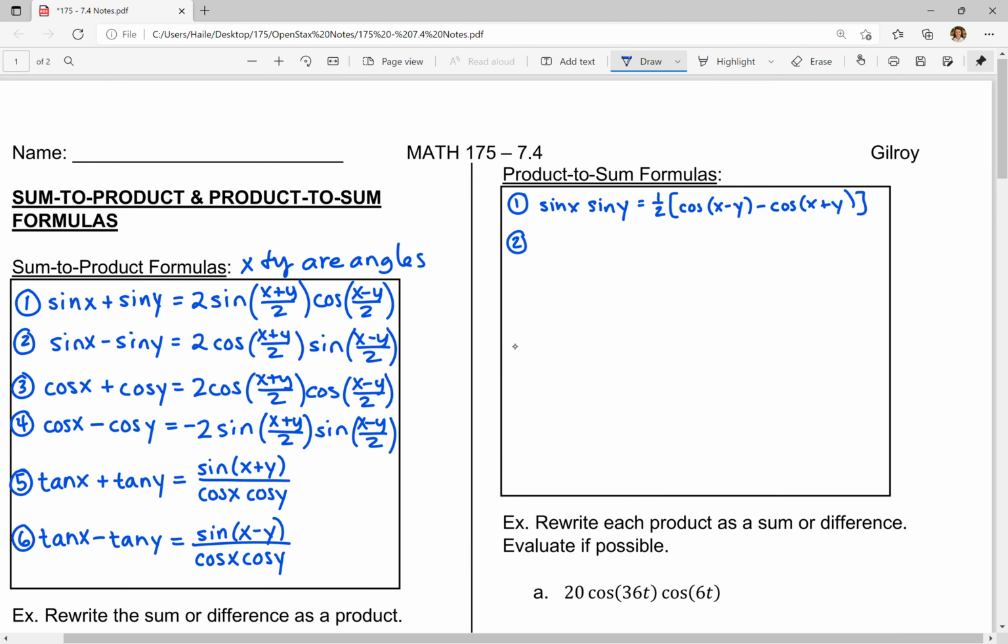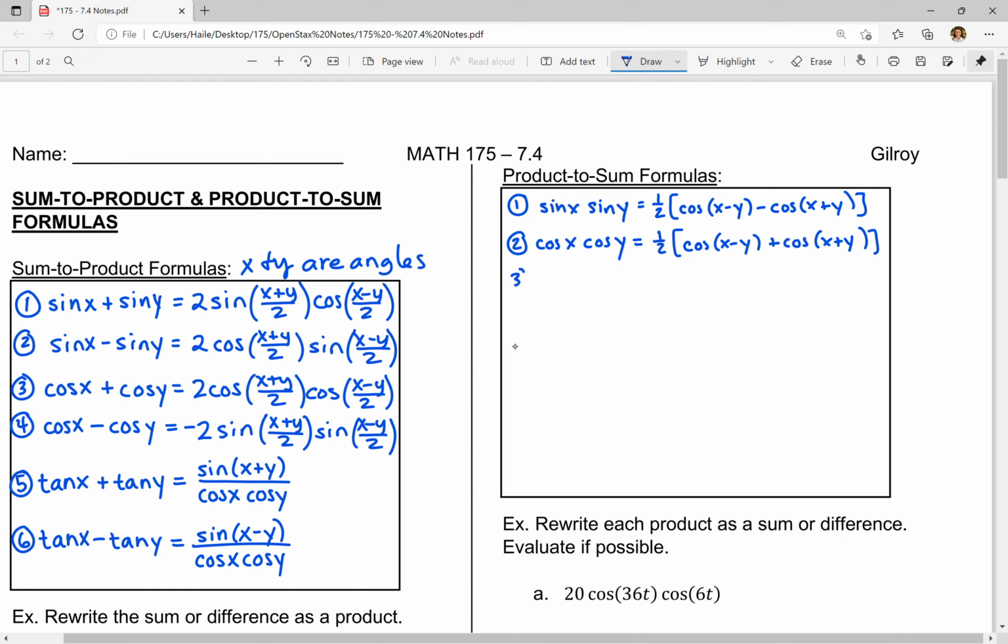If I have cosine x times cosine y, that's going to be equal to 1/2 times cosine of x minus y plus cosine of x plus y.